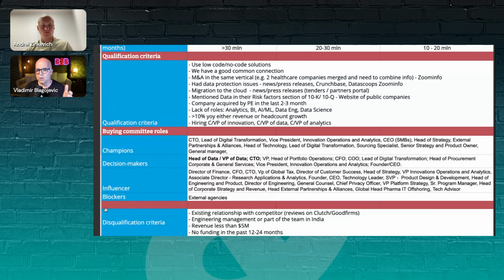Or another completely different example for a fintech solution that helps manage the risk of currency fluctuation when you're selling in different currencies, where you can lose money if there is fluctuation in currency.